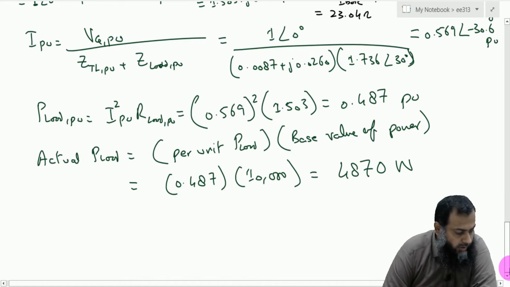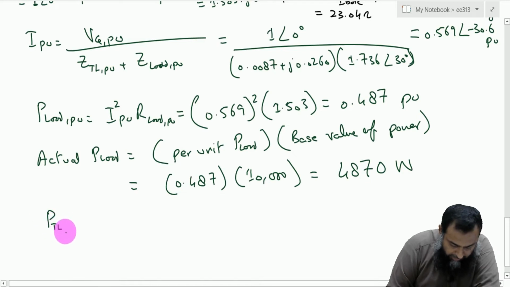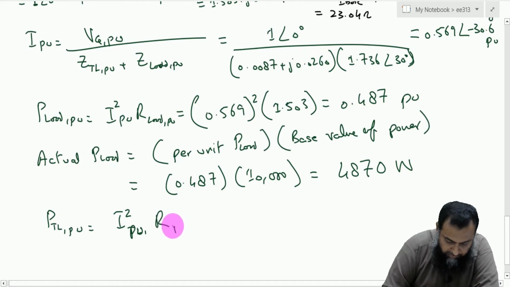As far as the transmission line losses are concerned, the power which is absorbed in the transmission line in per unit is equal to I square per unit into R of the transmission line in per unit value.